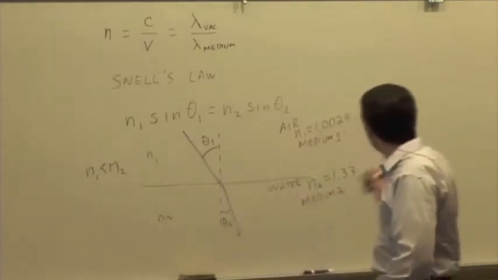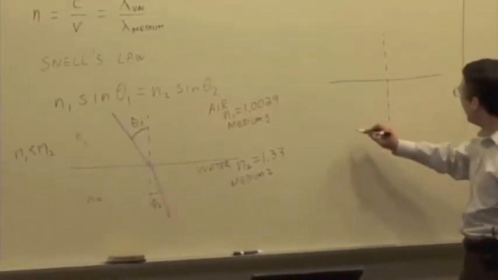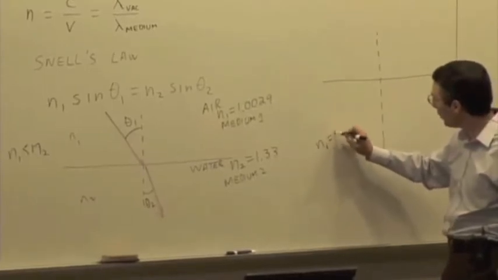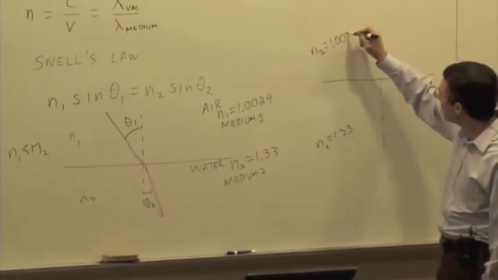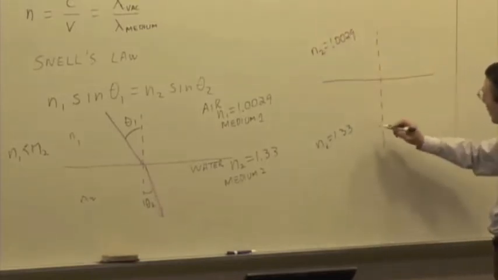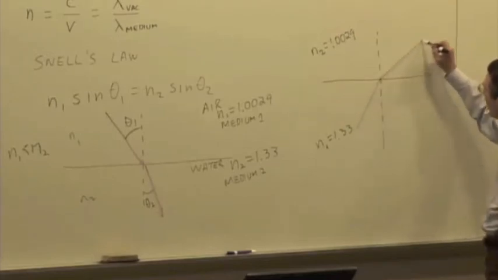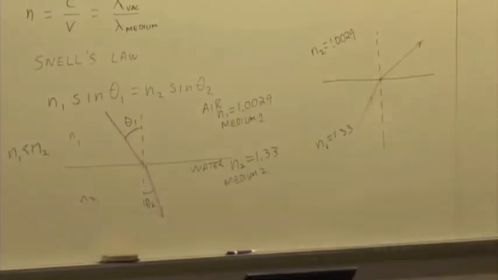What about B? Here's the opposite case. If n1 is water, 1.33, and n2 is 1.0029, it's certainly going to be the case that at least sometimes we're going to see the light bent away from the normal, but what else can happen? What did we talk about last time? Total internal reflection. So you've got to be a little bit careful.